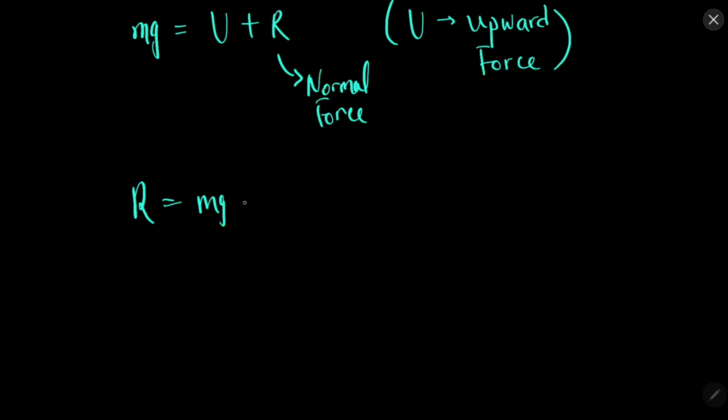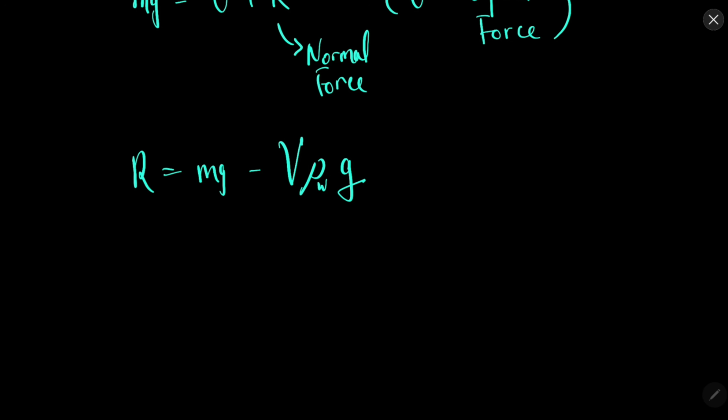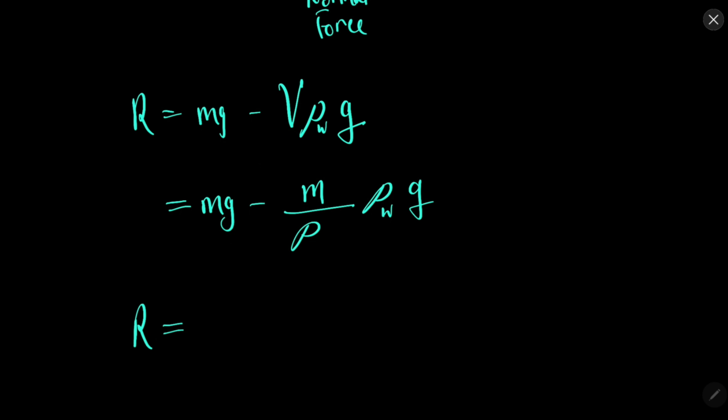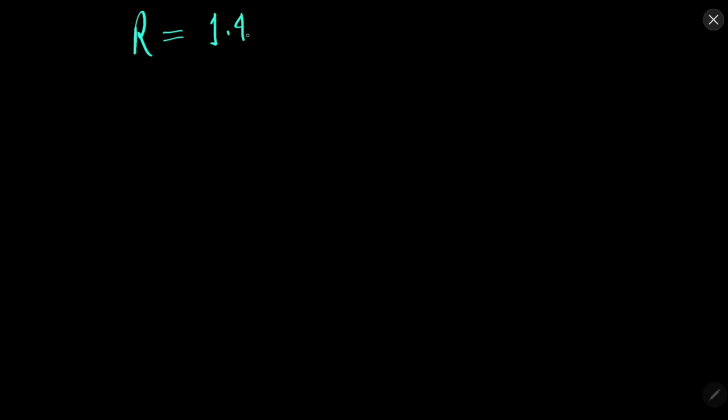So R equals mg minus upthrust, which is given by volume into density into g. This is the mass of water displaced, and this is the weight of the water displaced. Now mg minus, in place of volume we can write mass over density of the object, times rho w into g. Once you solve this, R will be 1.4 newtons.